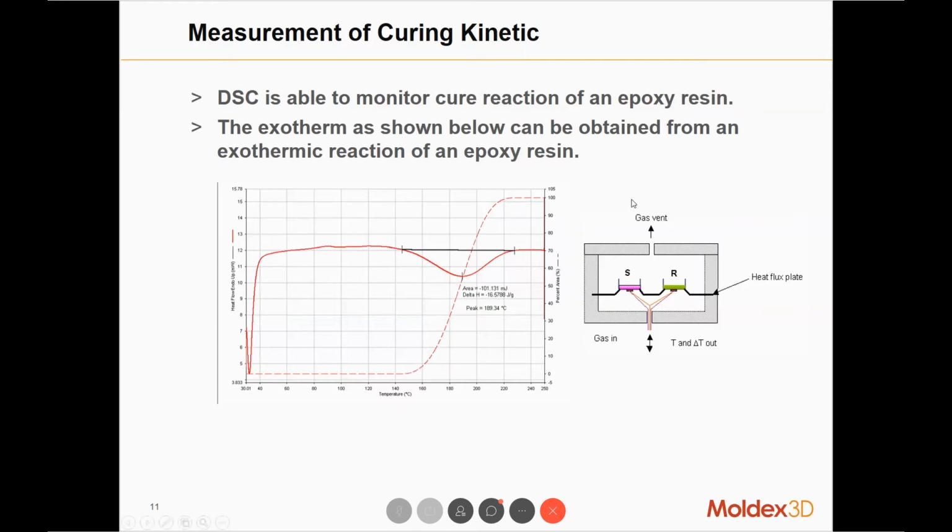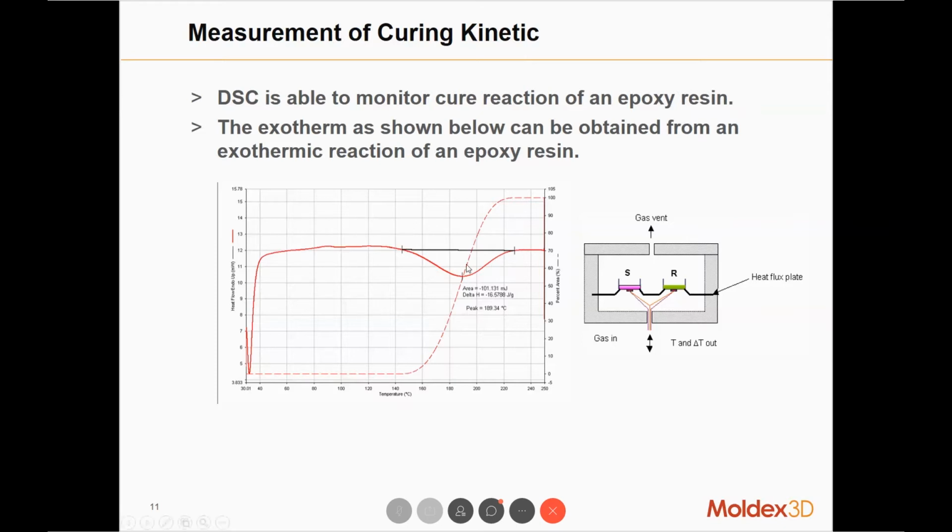And as you can see, after the temperature increase, the conversion rate starts to increase, and when the conversion is finished, the polymer is fully cured, then our heat flow will get back to its stable state, and then the material will keep being heated up under a constant heat flow.